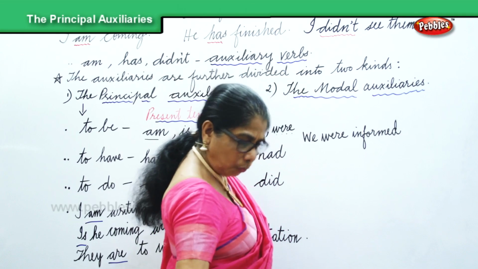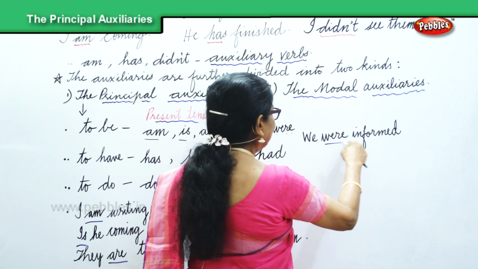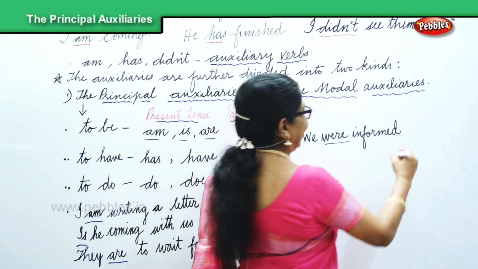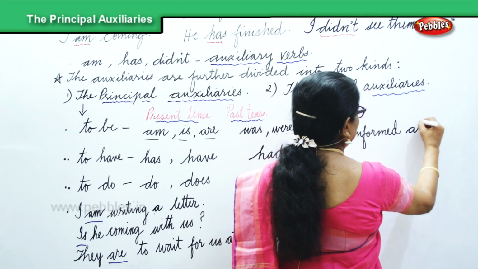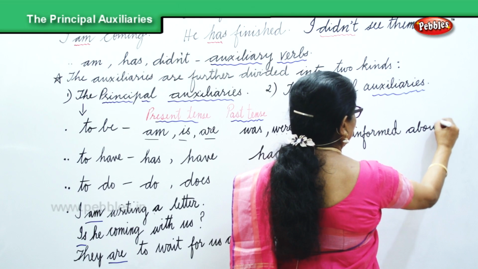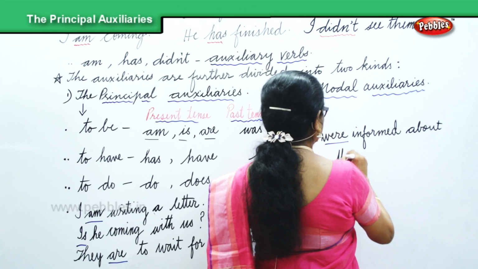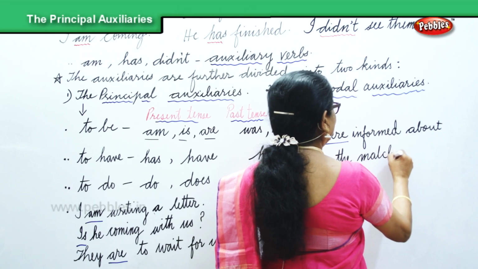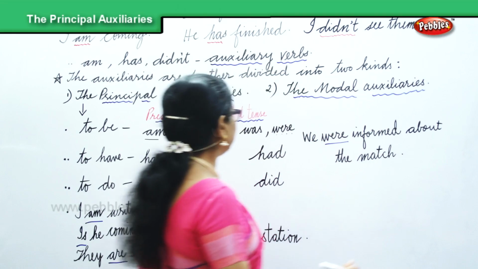We're talking about were. We were informed. Informed about what? Informed about the match. We were informed about the match.